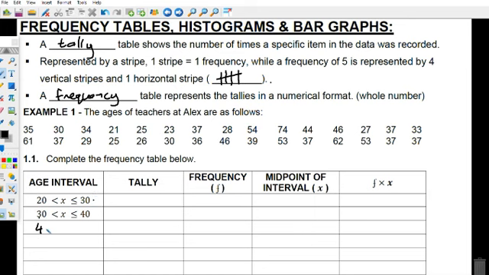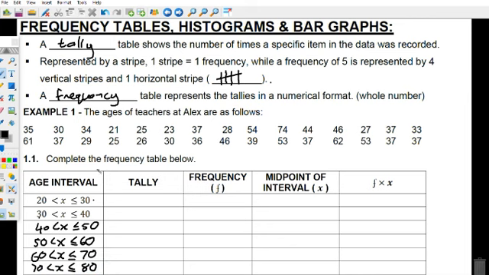So we're going to say 40 less than x less than or equal to 50, because it goes up in tens. 50 less than x less than or equal to 60. 60 less than x less than or equal to 70. And then the last one, 70 less than x less than or equal to 80.